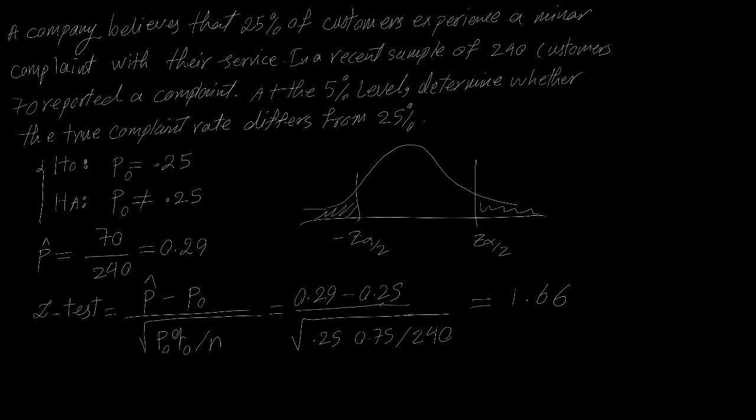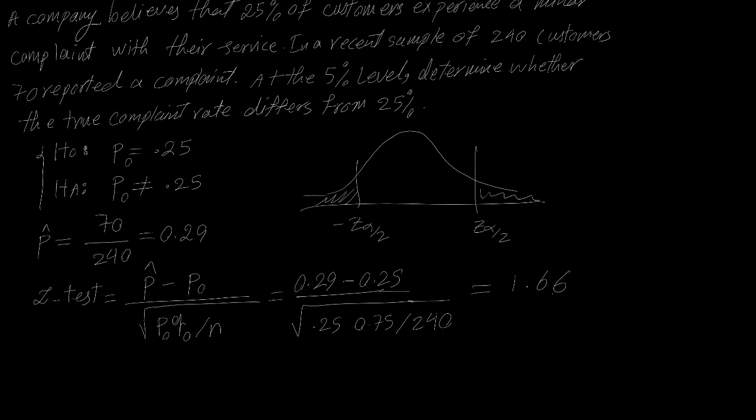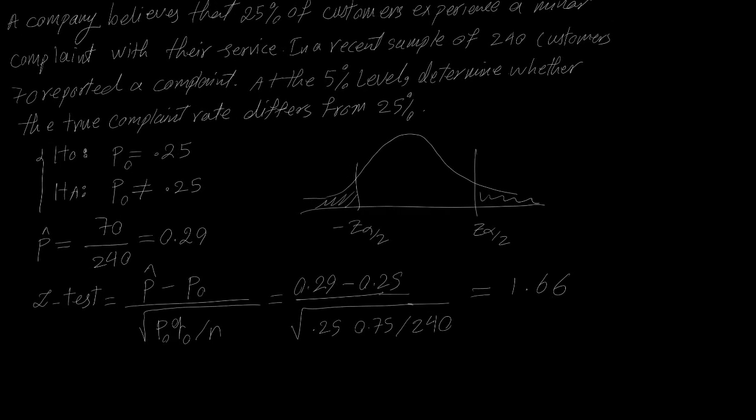If the p-value is less, then we reject the null hypothesis. If it's greater than alpha, then we cannot reject. Okay, here I'm going to do both and compare the two methods with each other.